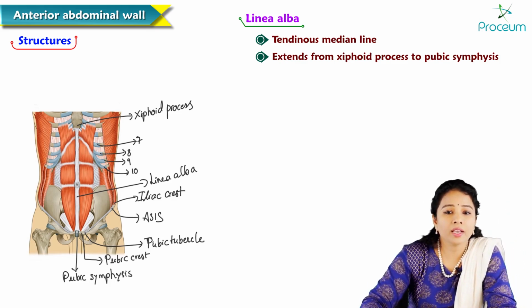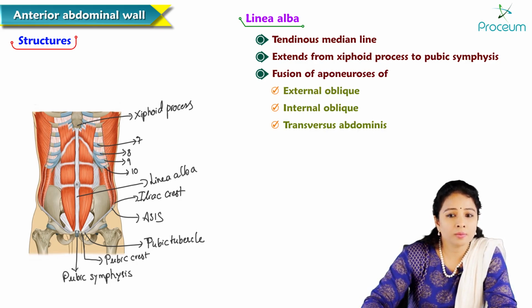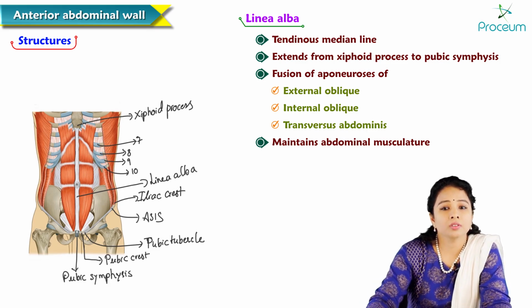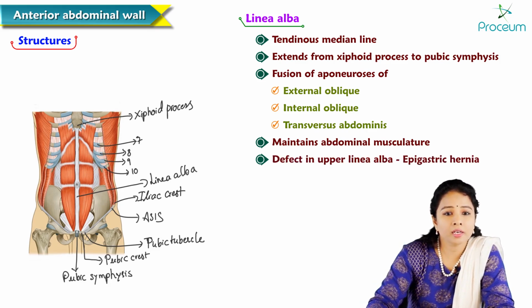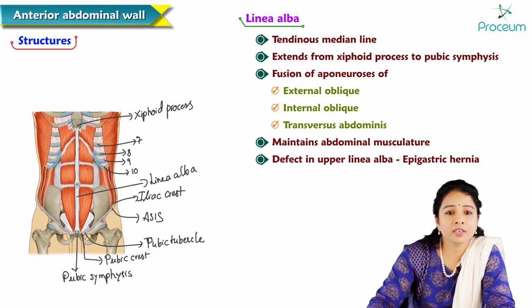It is defined as the fusion of aponeuroses of the external oblique, internal oblique and transversus abdominis muscles. It maintains the abdominal musculature at a certain proximity to each other. A defect in the upper linea alba can cause a hernia called epigastric hernia.